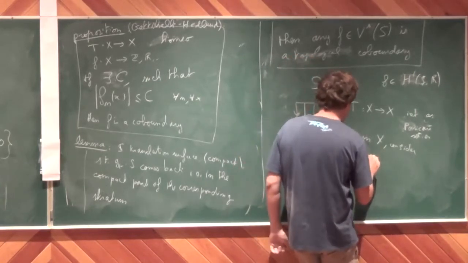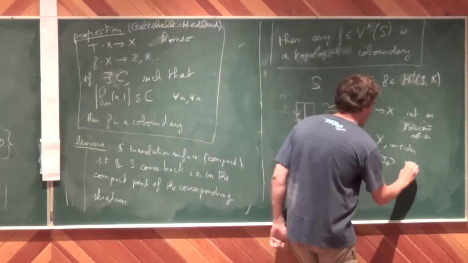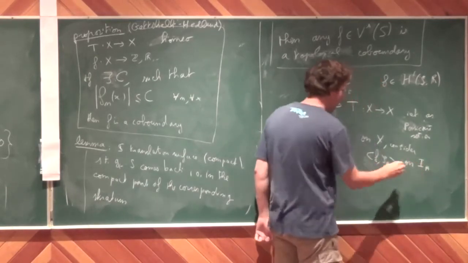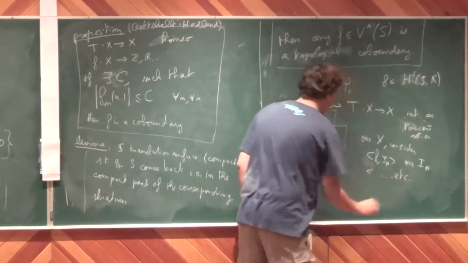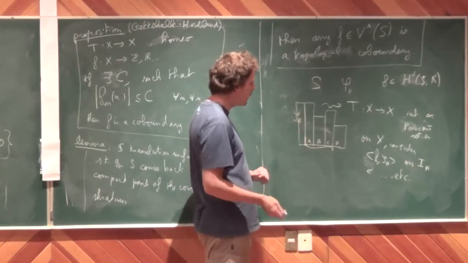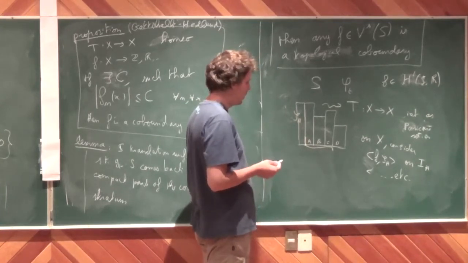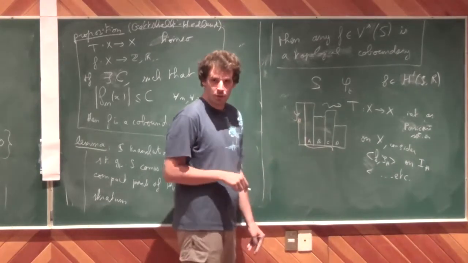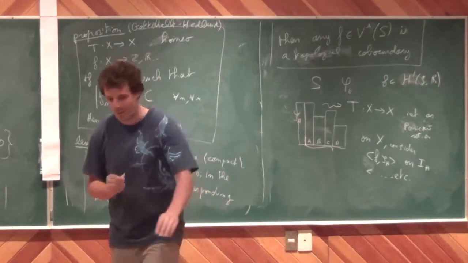So on X, consider F zeta A on the interval that corresponds to A, and so on. Yes, cohomology classes are a special kind of functions. Well, they produce functions, yes. Is it more clear? Cool.